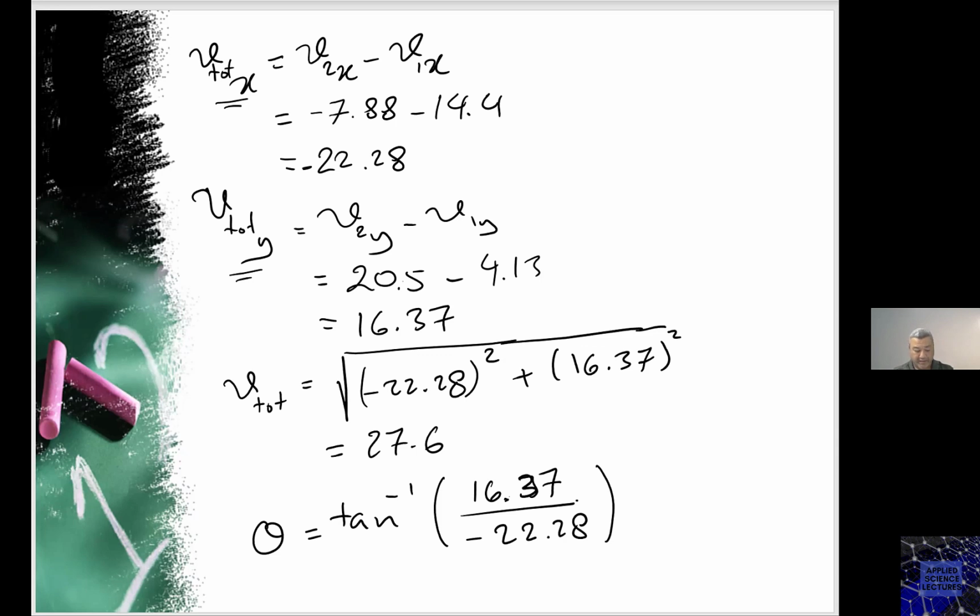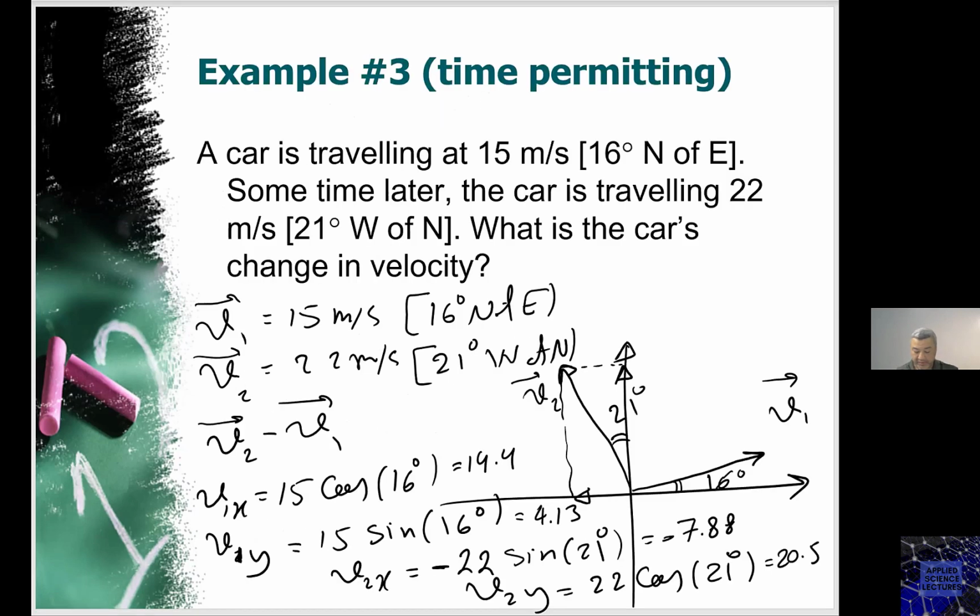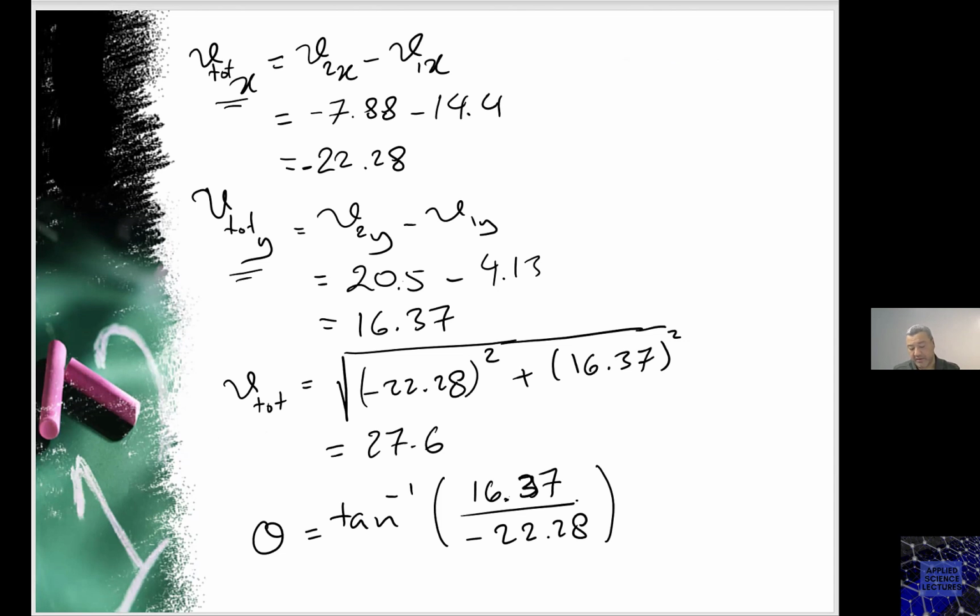Where's this angle? So let's go back to here. This angle, V2 minus V1. So let me draw this again. So this is V1. I am calculating V2 minus V1, so I would be interested to find minus V1.